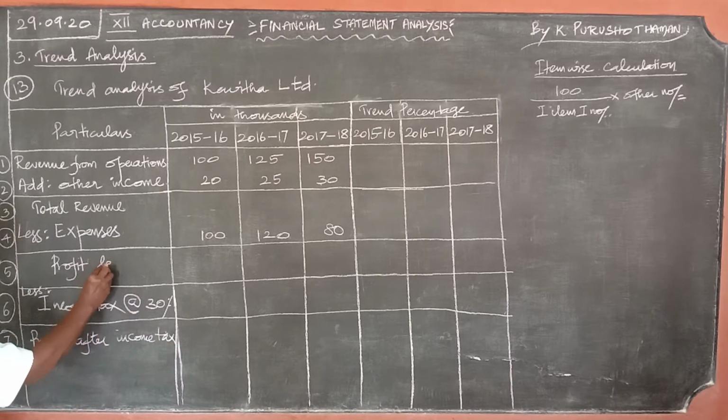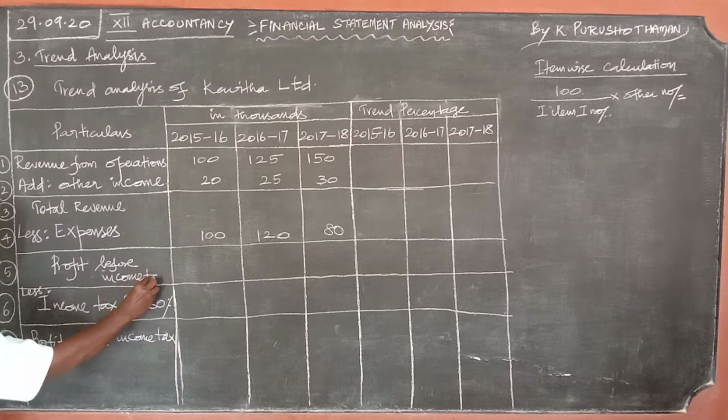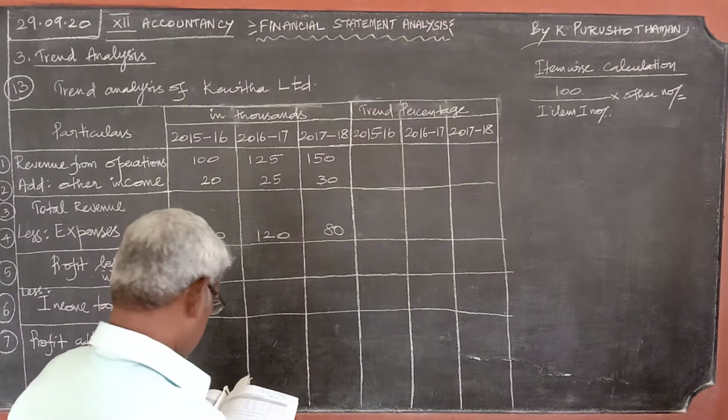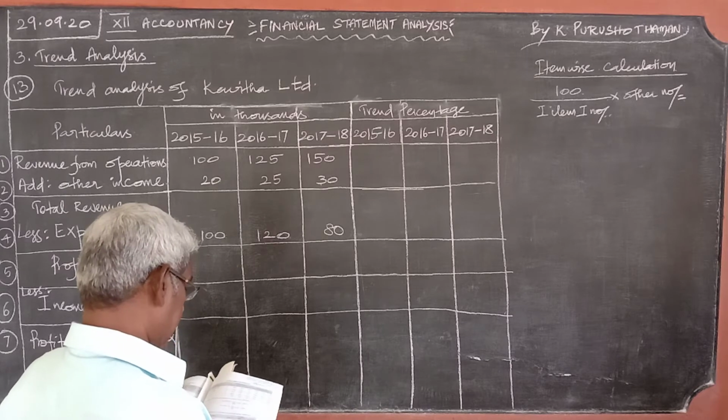This is profit before income tax. So with all this, we must find the percentage. Totally there are 7 items.